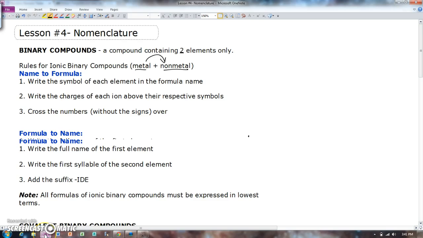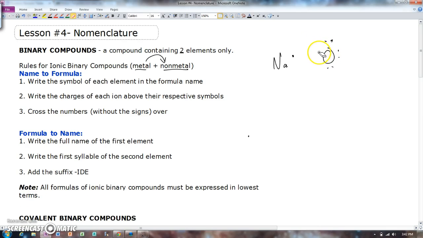So for example, when something like sodium bonds with something like oxygen, sodium starts with that 1 valence electron, and oxygen starts with 6. Okay, so oxygen, you see, is looking for 2 electrons.